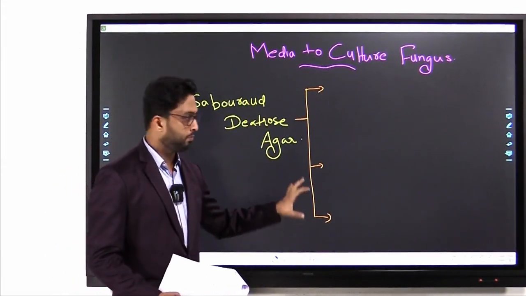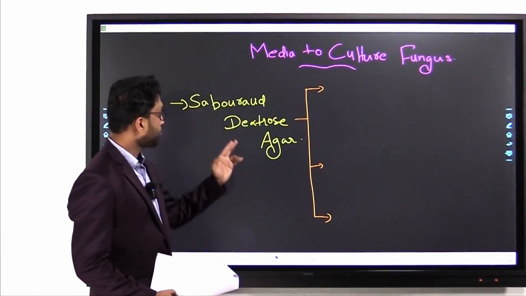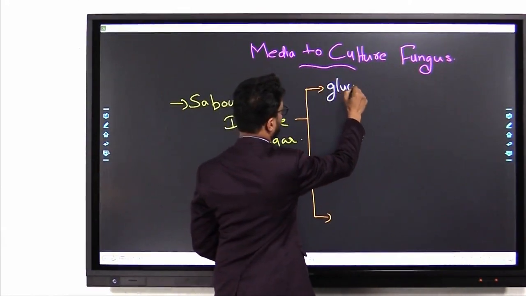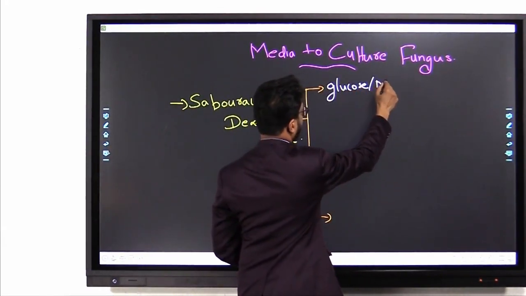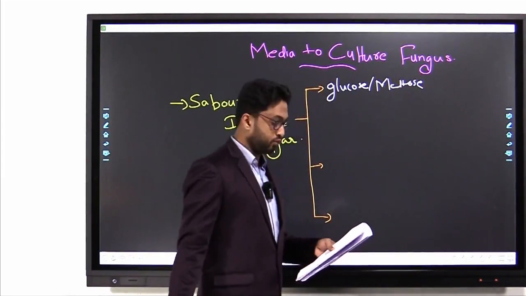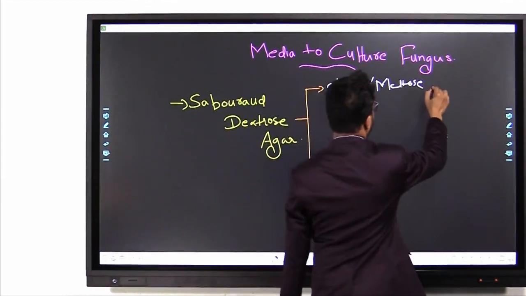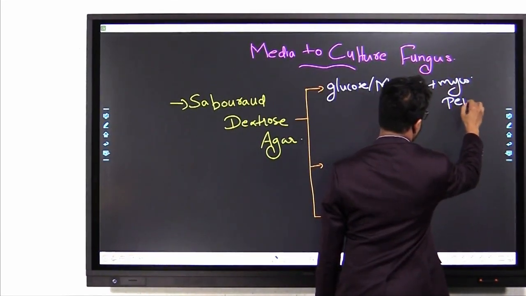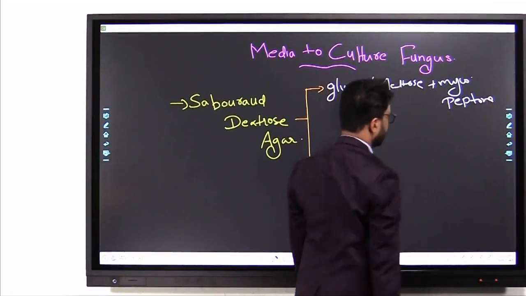Few things you have to know about Sabouraud dextrose agar. It contains glucose or maltose, not very important, it can contain any sugar. Then you've got mycological peptone, again not very significant, just for completion's sake.